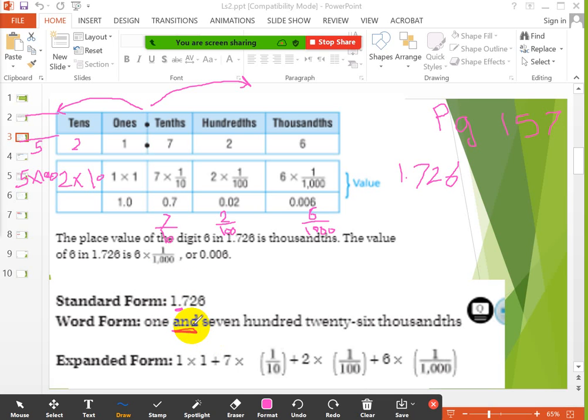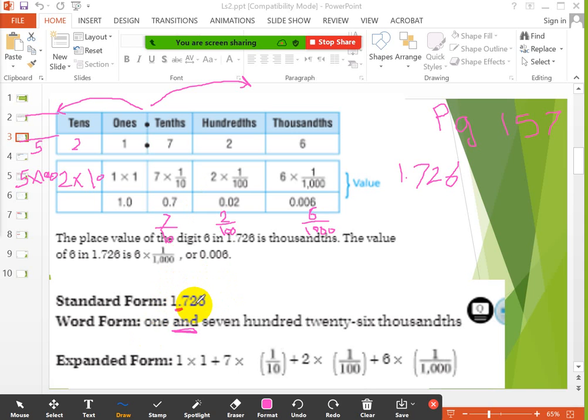You have to read or write the number with no "and". So "and" means you have a decimal point. So if I want to write this decimal point in words form, I have to write "and". So it will be 1 and.